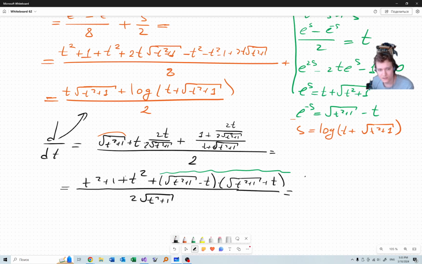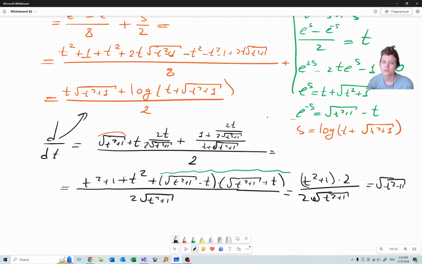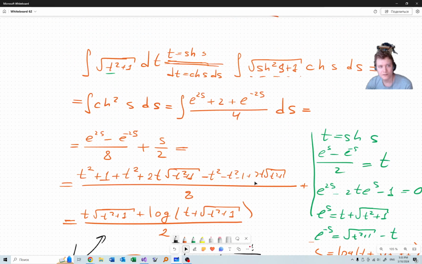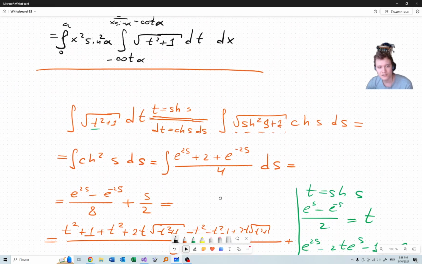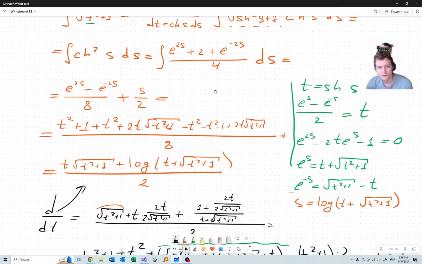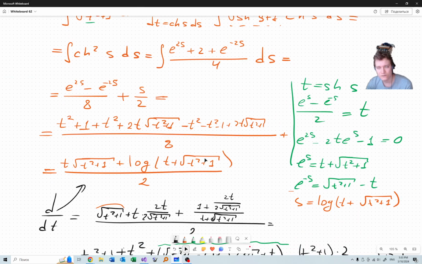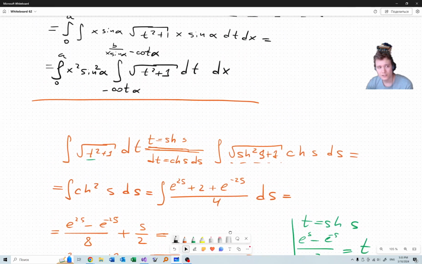So this is t squared plus 1 times 2 over 2 square root of t squared plus 1, which is square root of t squared plus 1. Excellent. So we have calculated the antiderivative. And it has this form. Let's continue.